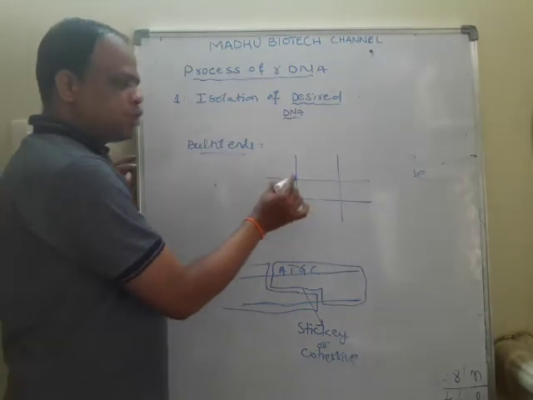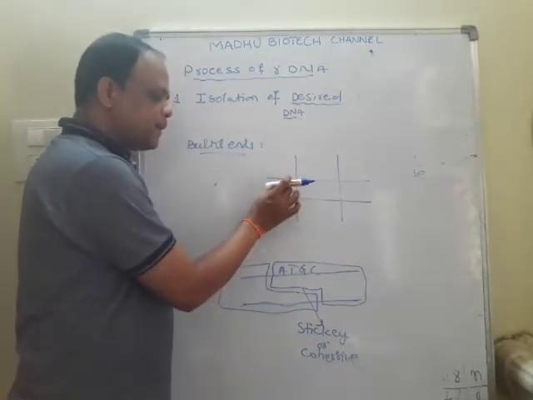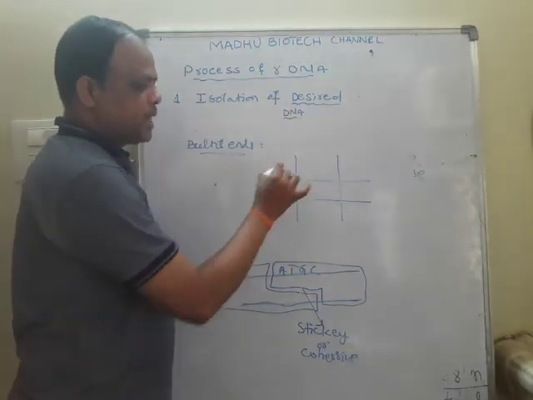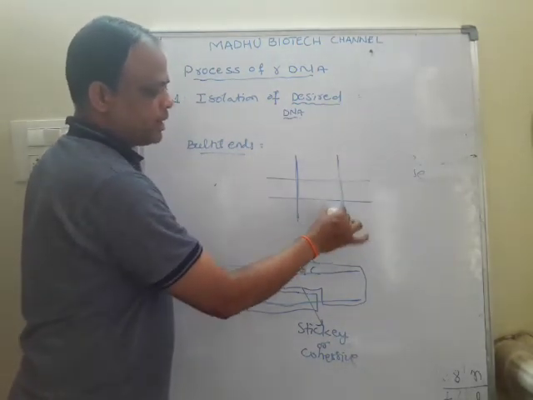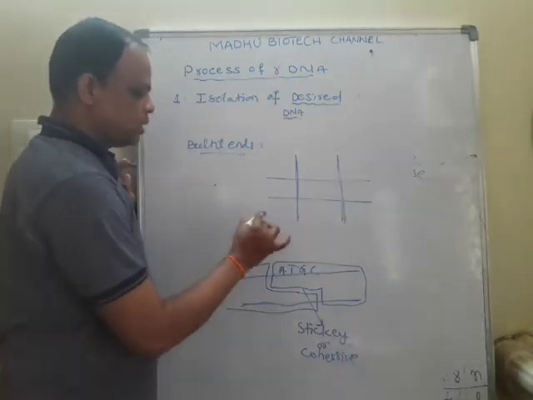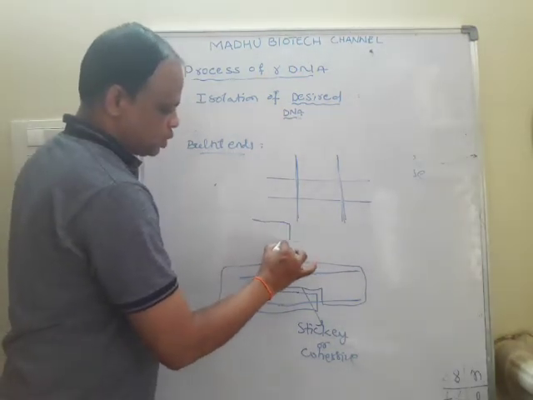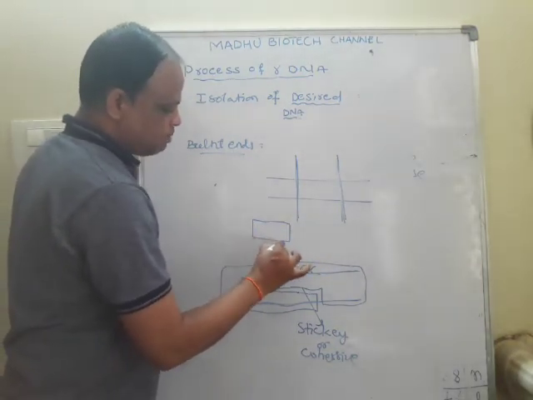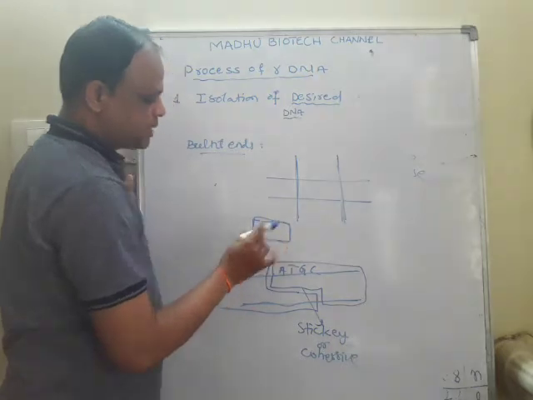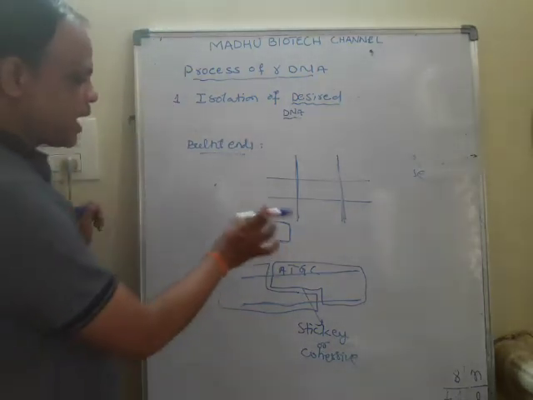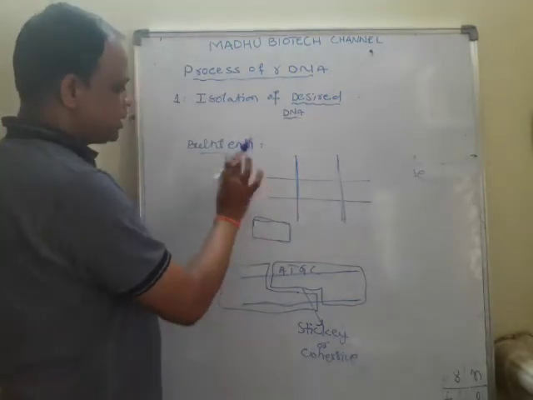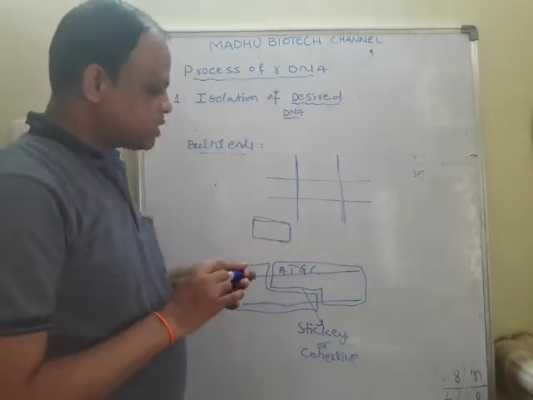The enzyme does not leave unpaired nitrogen bases. It cuts the double strand at the same position. This type of sharp end is called blunt ends or flush ends. These types of fragments are formed. So these are the two types of cuttings.